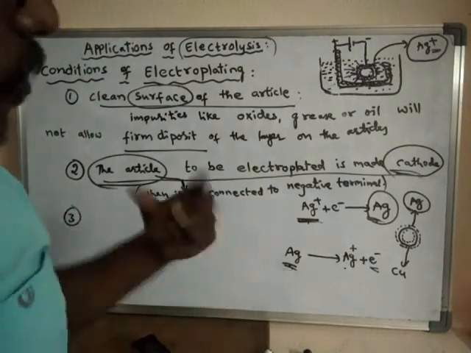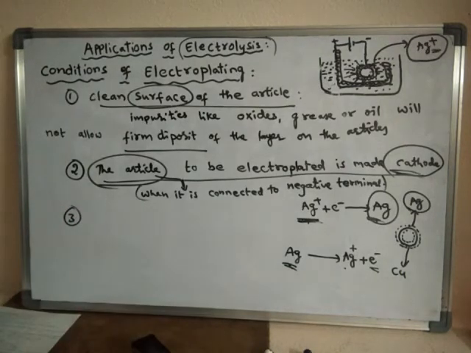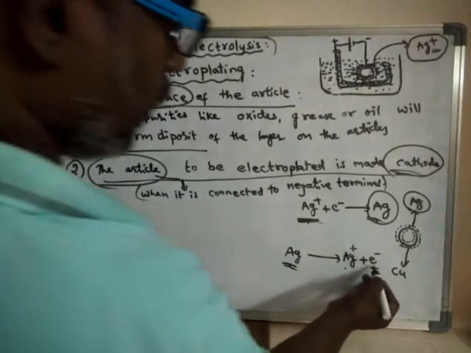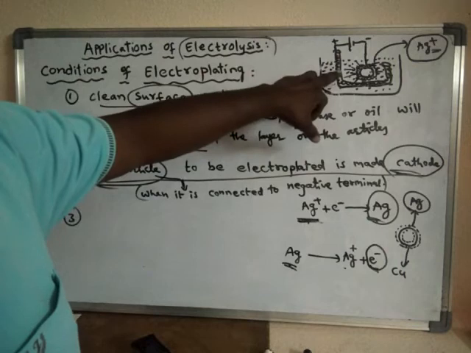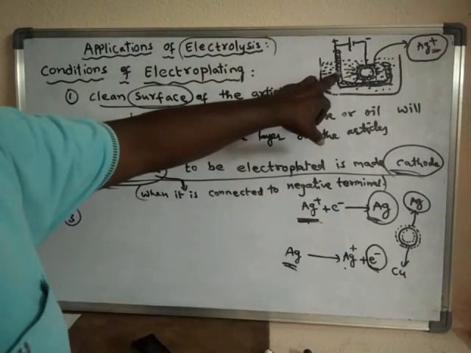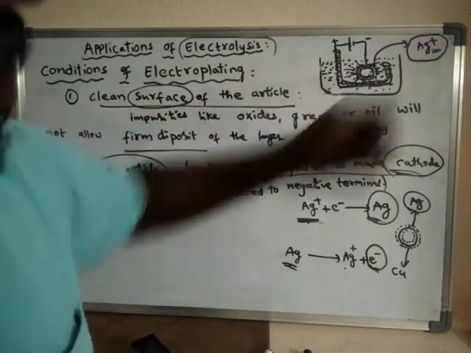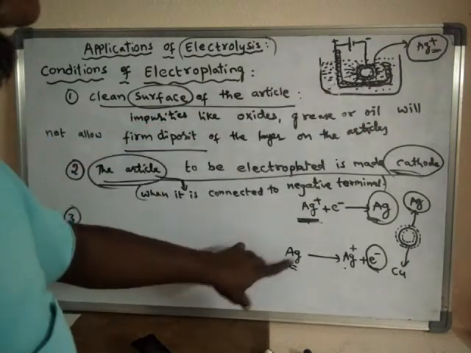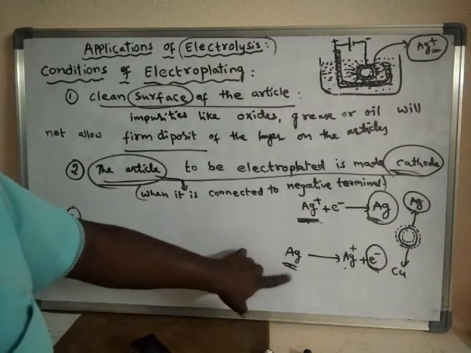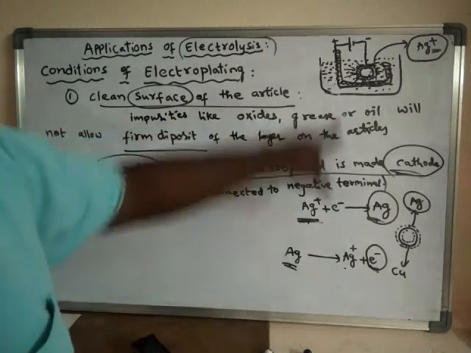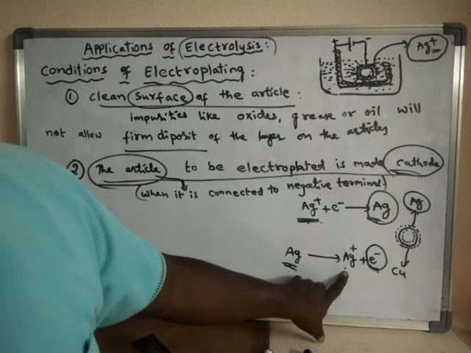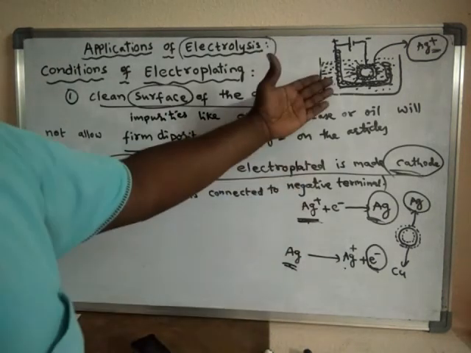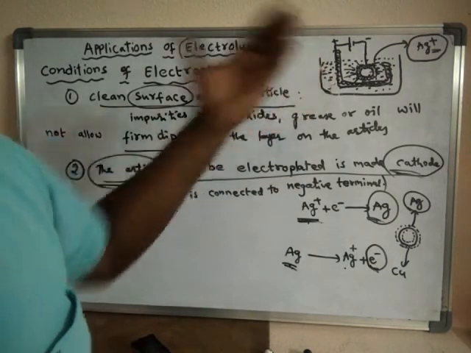Generally, what does an anode do? Anode always wants electrons. So it will take electrons from the atoms of its own material. What is its own material now? Silver. That means this anode will take electrons from the atoms of silver. And what is left over? Silver ions are left over, and those silver ions will enter into the solution.